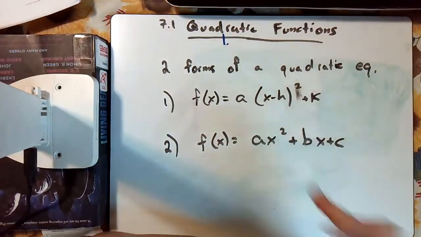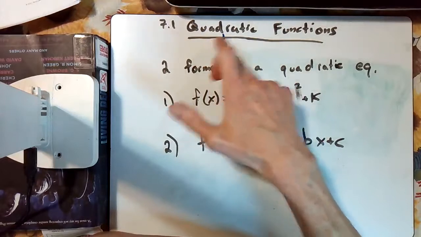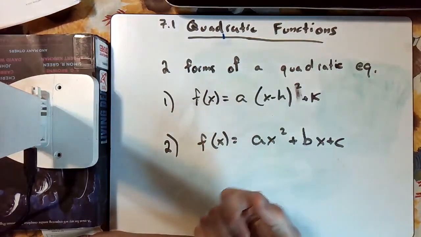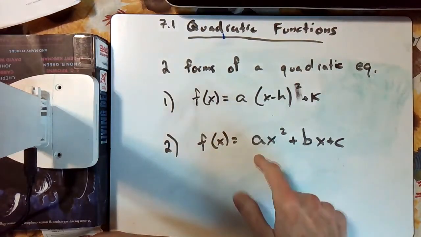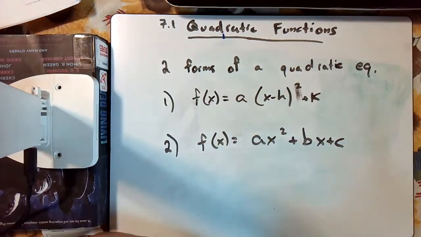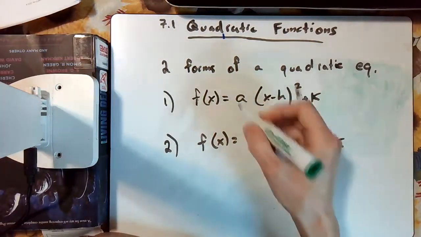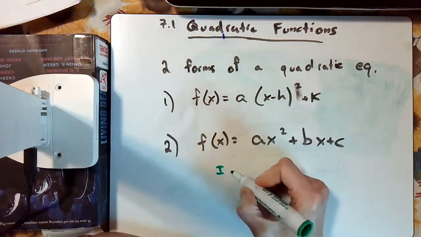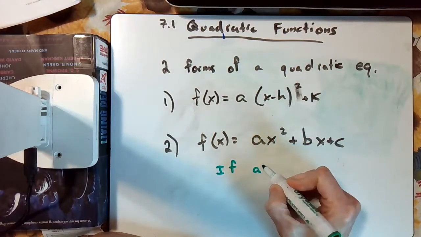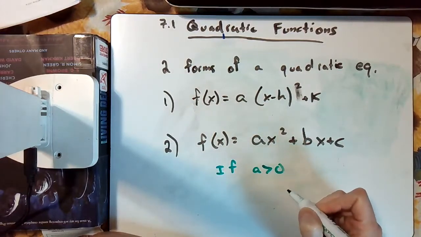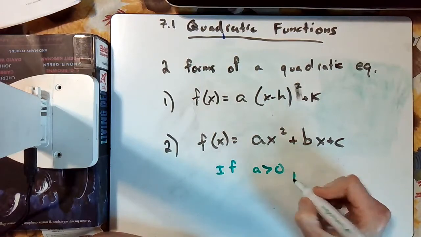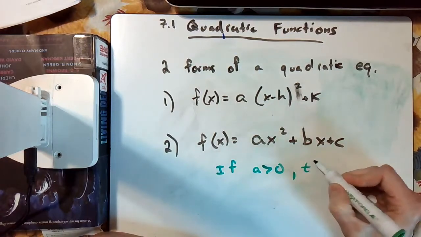Now how can we tell whether or not the parabola is going to open up or down without even graphing it? Well, it's the sign of the a. And this works for both of them, okay? If a is greater than 0, meaning it's positive, then the parabola opens up.